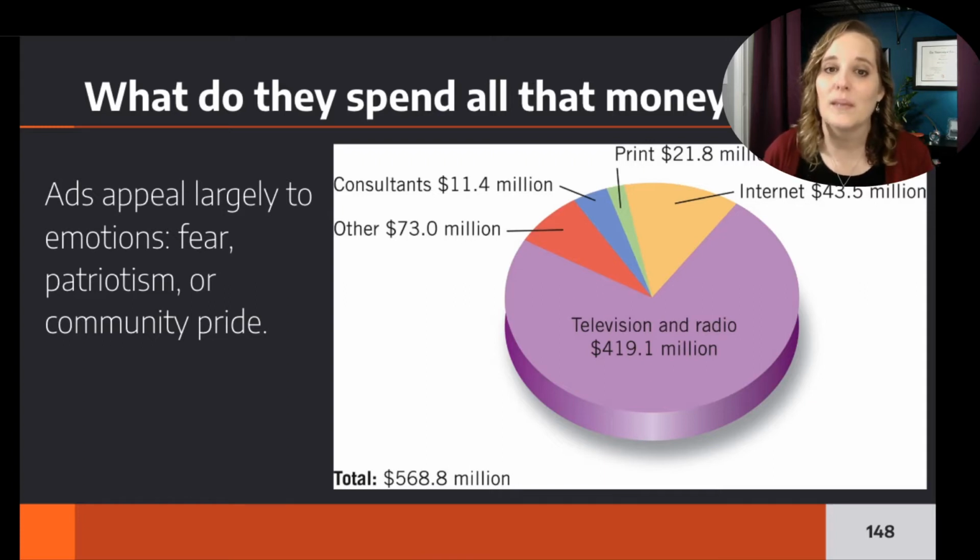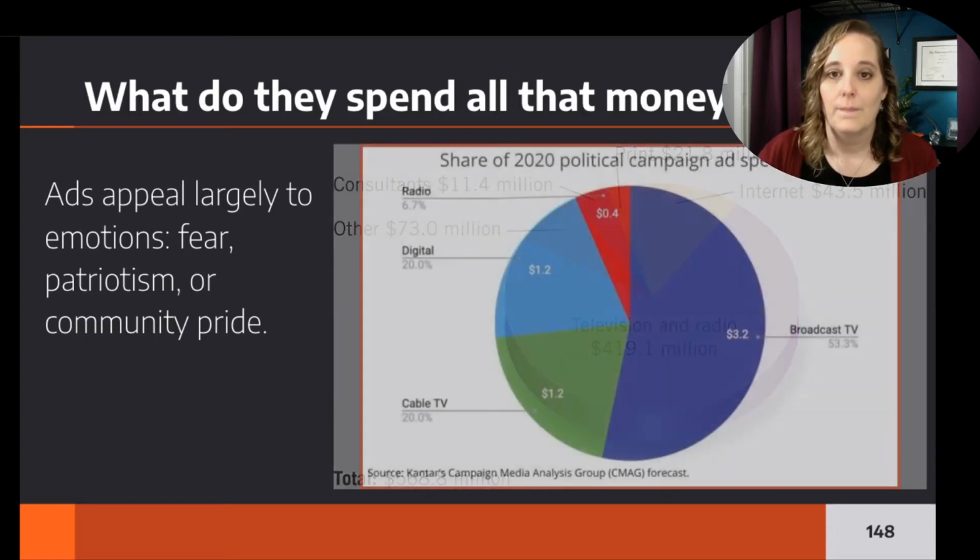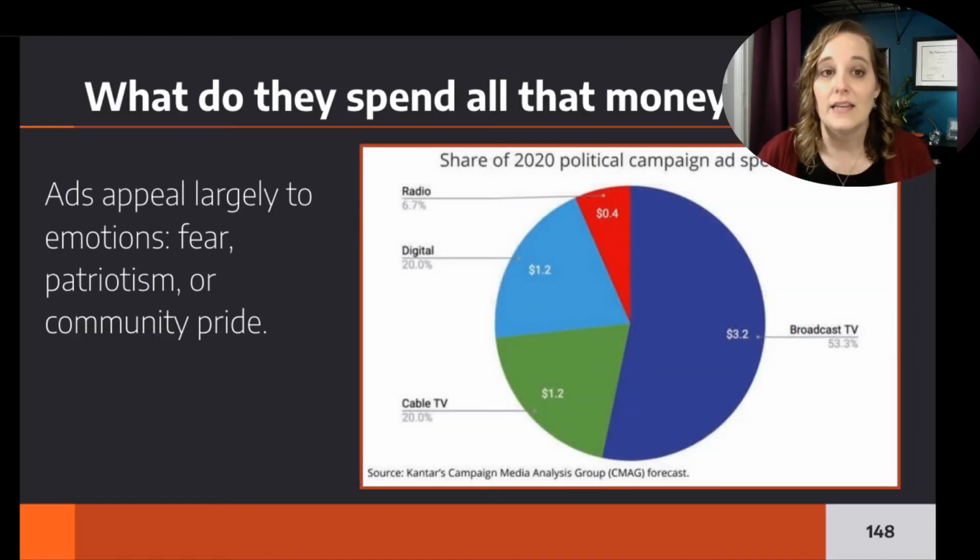Those ads will typically appeal largely to emotions, whether it's fear, patriotism, or community pride. Here is the 2020 campaign spending, and as you can see, the digital spending increased dramatically from the campaign before that.